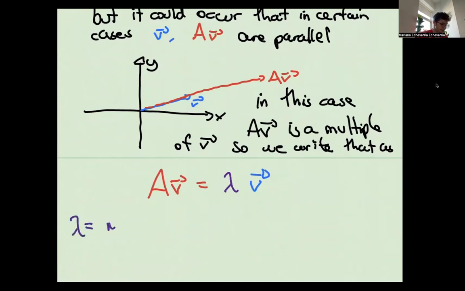Lambda is just a number, which you can think of as a rescaling factor. It's actually called an eigenvalue. This is called an eigenvalue for the matrix A.